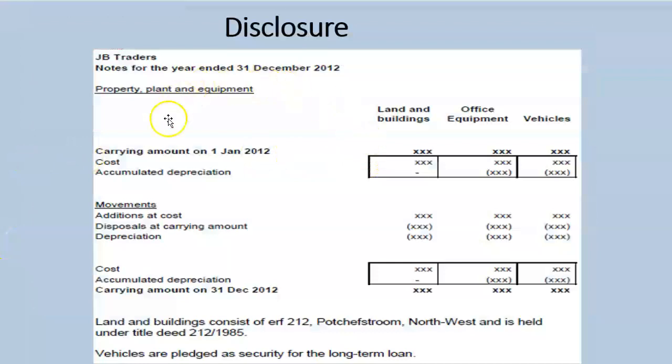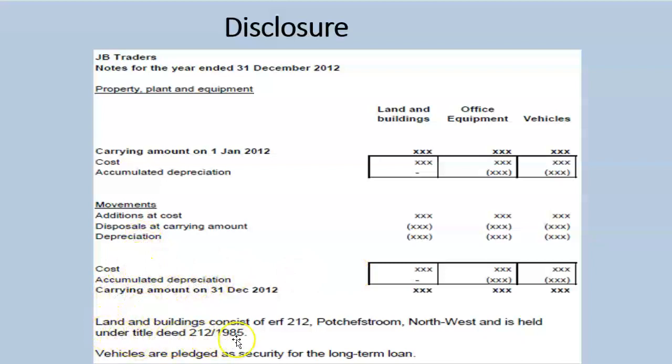I've already referred to the disclosure, the IAS 16 note, in video 2. Just to recap quickly, I have 3 sections in my note. For each and every class of asset, there's a total for that class, starting with the carrying amount at the beginning of the year, broken down in the cost and accumulated depreciation, the movements during the year for the additions, the disposals, and the depreciation, and the carrying amount at the end of the year, also broken down in cost and accumulated depreciation.